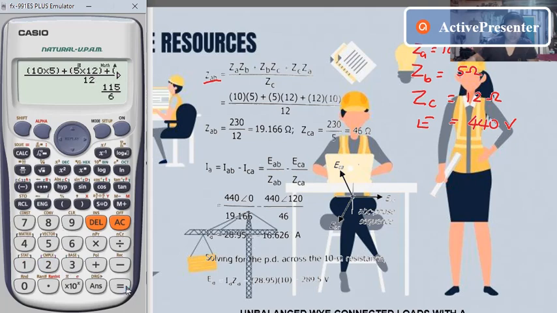So our ZAB will be 19.166 ohms. And also, we need to solve for our ZCA.